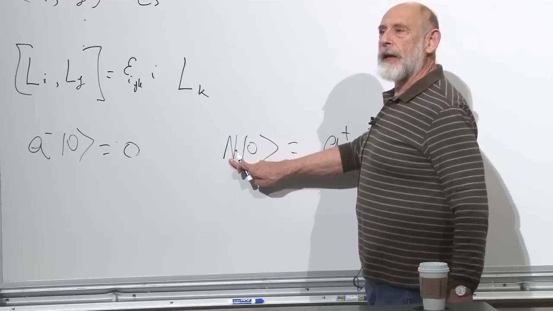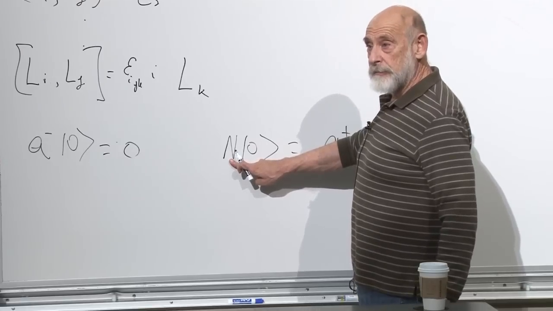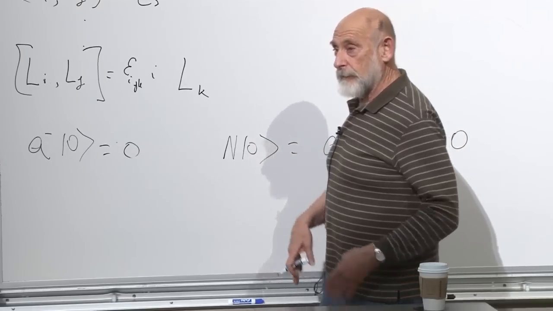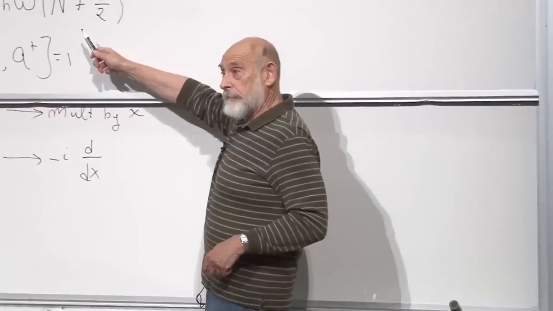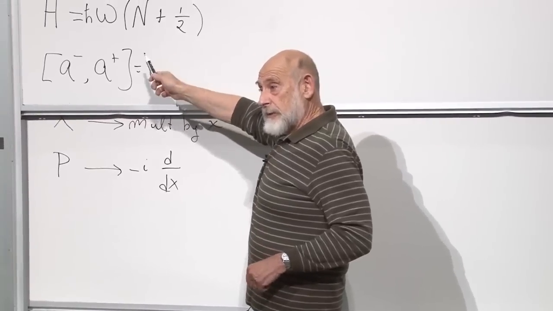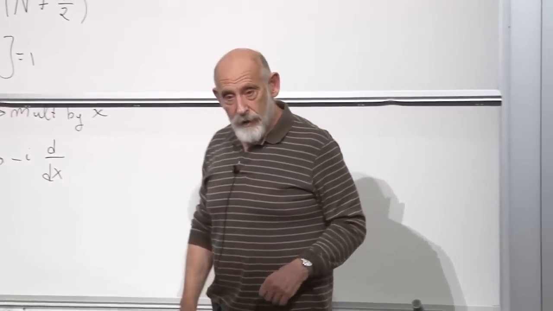It's an eigenvector of N with 0 eigenvalue. So the bottom state has to have 0 value of N. That's an abstract argument.